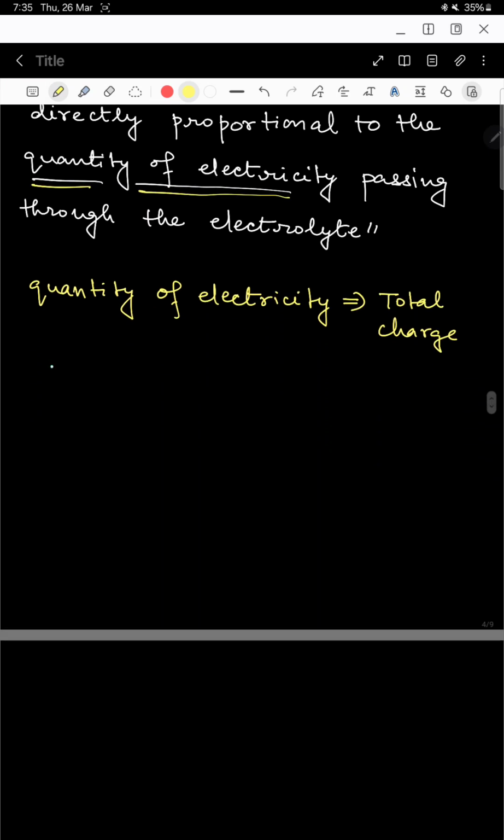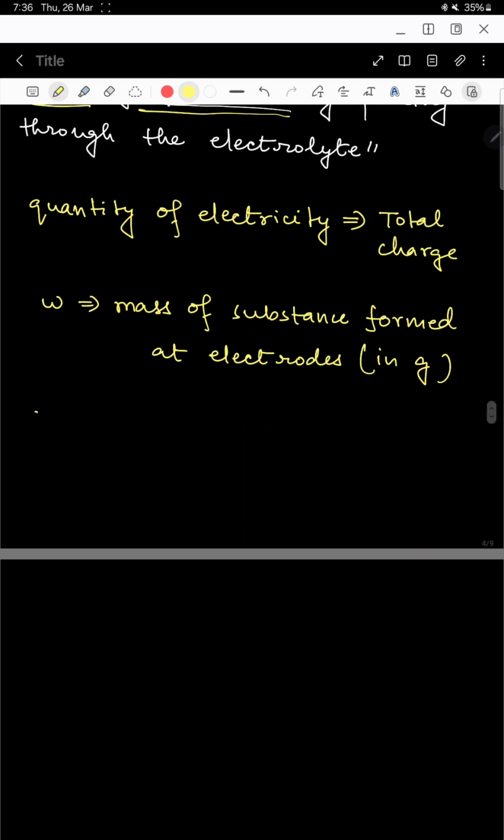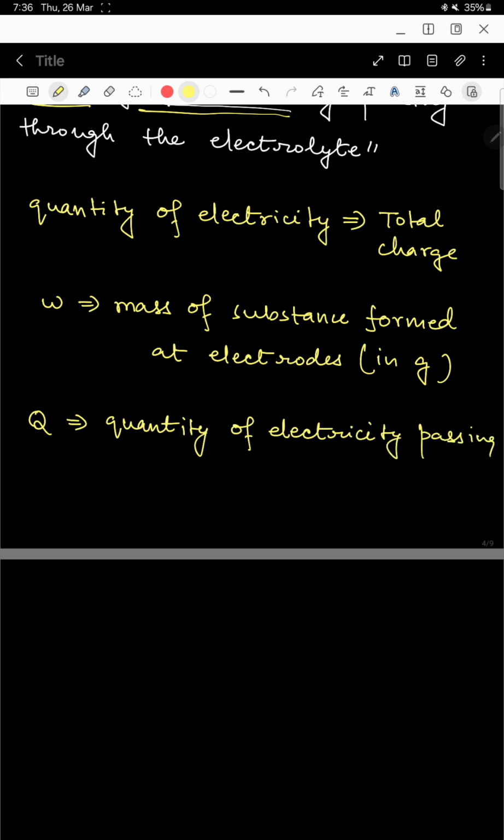So if W is the mass of substance formed at electrodes, obviously in grams, and Q is the quantity of electricity passing through the electrolyte.